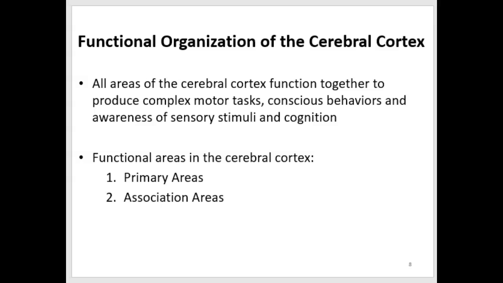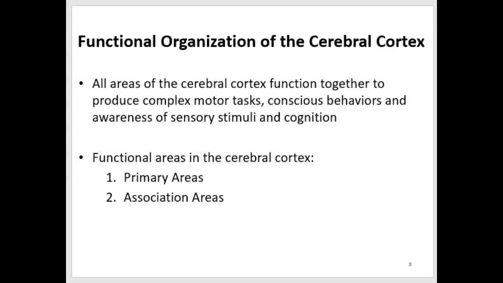Although I've really emphasized the location of somatic motor cortex and somatic sensory cortex, those two gyri, it is important to acknowledge that lots of areas of the cerebral cortex function together to produce complex sensations and complex motor tasks. The regions work together and they perform these complex things.